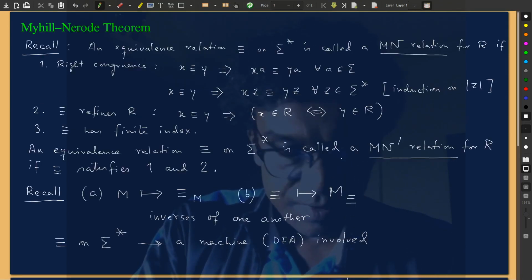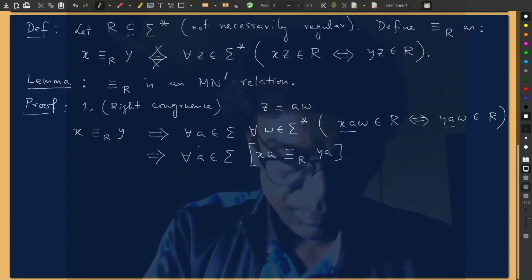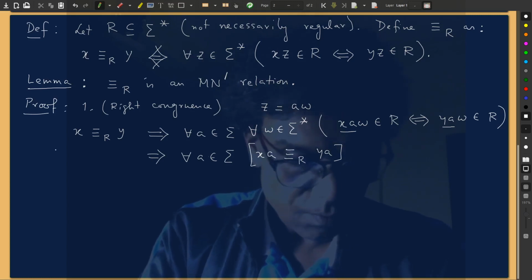But that is precisely this. If x is equivalent, xa is also equivalent. And this is the proof.